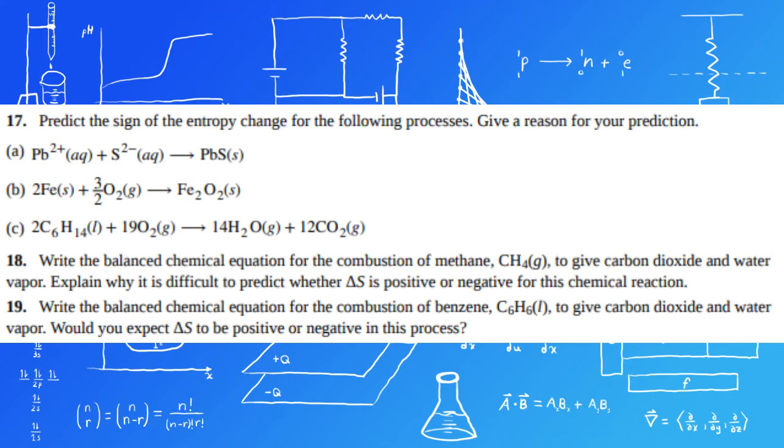And there's more gas on the right than there is on the left. So yeah, between 26 moles of gas on the right and 19 moles of gas on the left, if there's more moles of gas on the right, then that's an increase in entropy. At least that's the prediction.